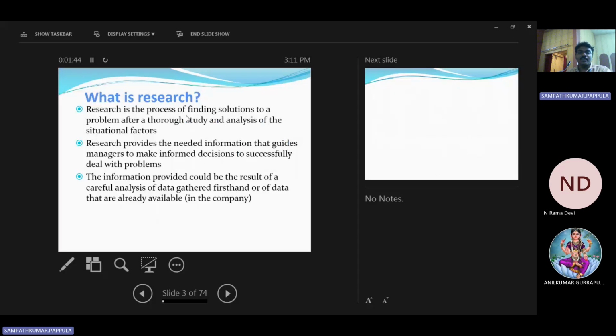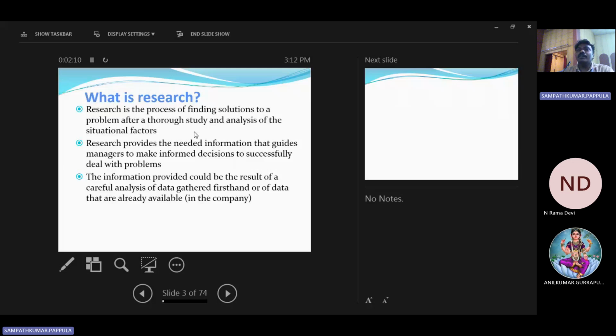Research is the process of finding the solution to a problem after thorough study and analysis of the situational facts. So in project work, you are not doing some extra additional thing. First of all, you need to have some idea about it. Every technology is already used in some other applications.